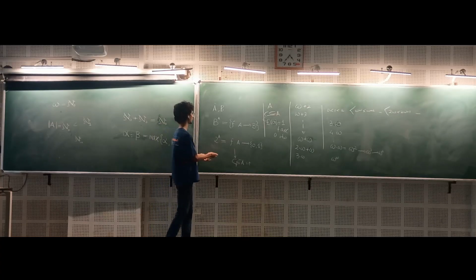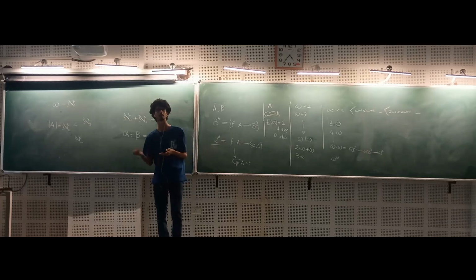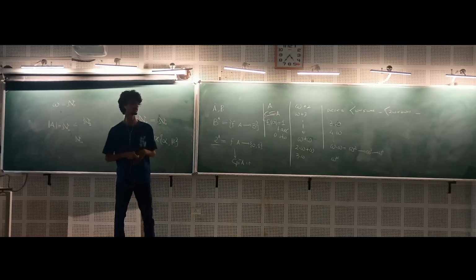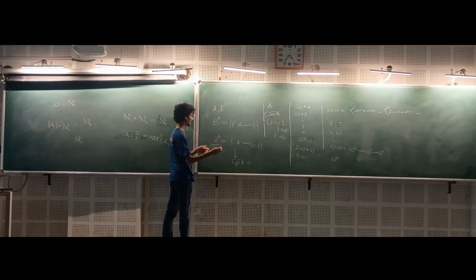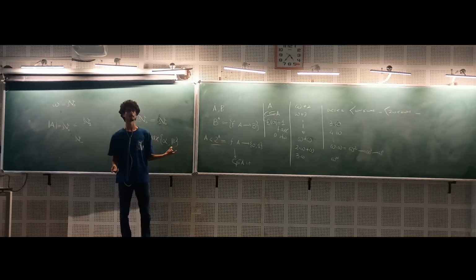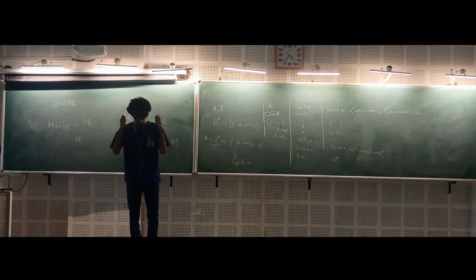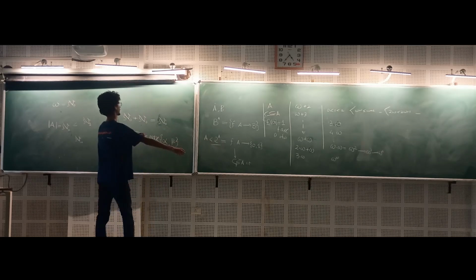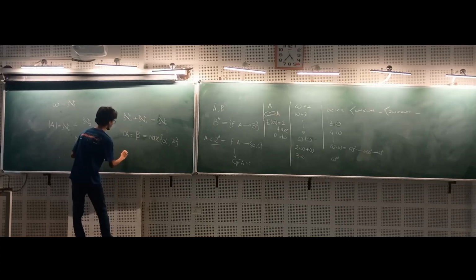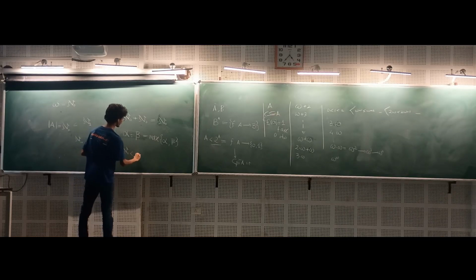So 2 power A is also known as the power set of A. This is another notation for the power set of A. And Cantor proved that A can never be in bijection with 2 power A. The size of A is always strictly less than 2 power A. So in particular, we know that aleph naught is strictly less than 2 power aleph naught.